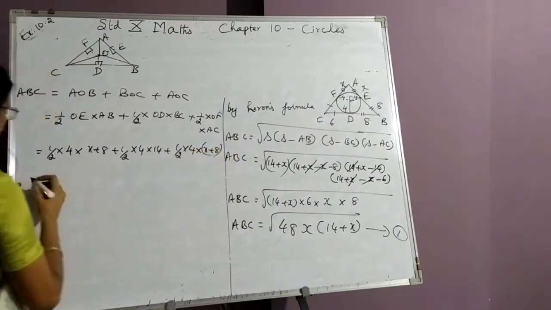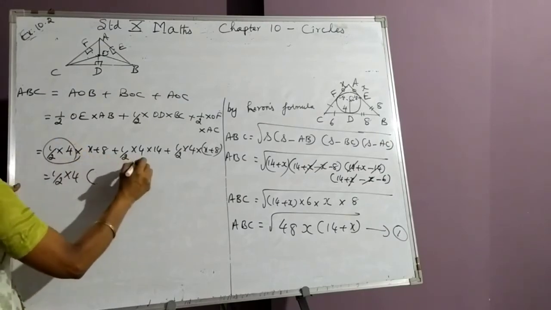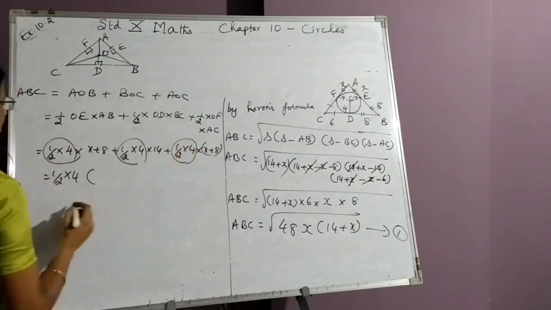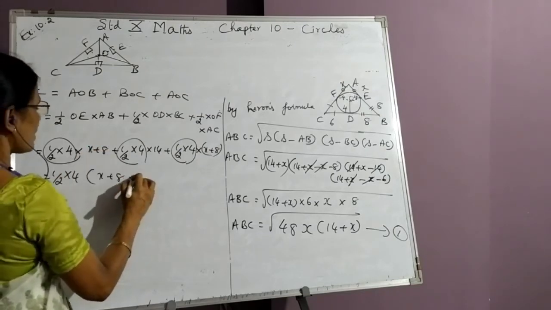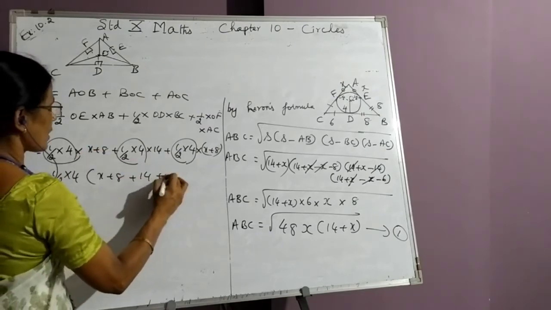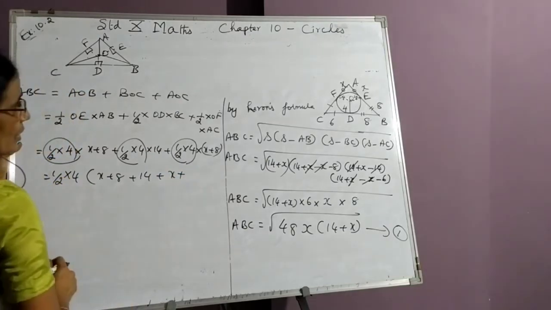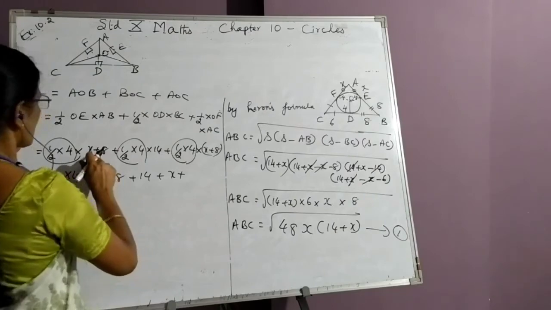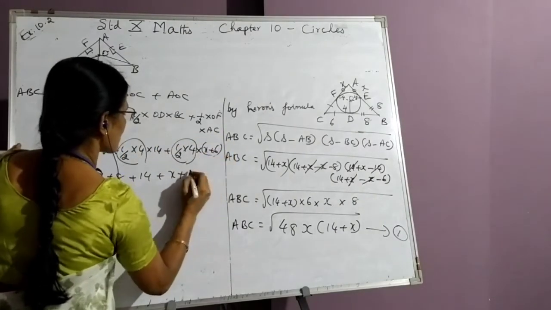Therefore, I am going to take half into 4 as the common term, which is taken out. Here x plus 8 is left over, here 14 is left over, and here x plus 8 is left over. We made a mistake. Here x plus 6. AC is x plus 6.